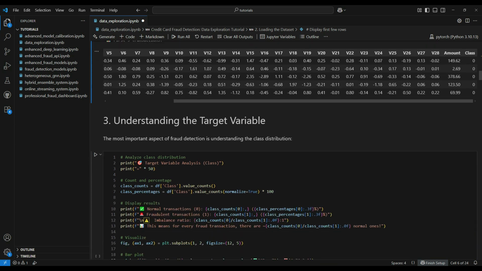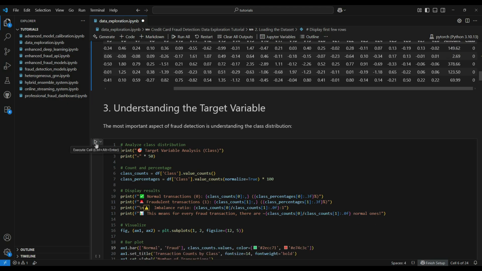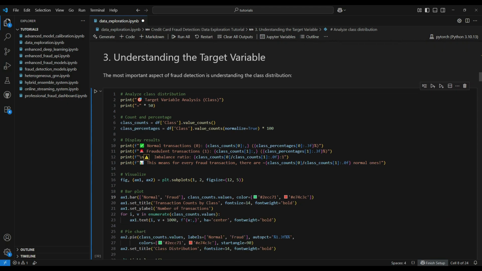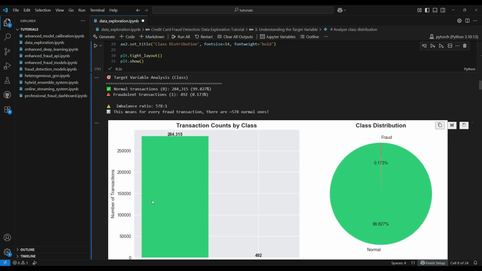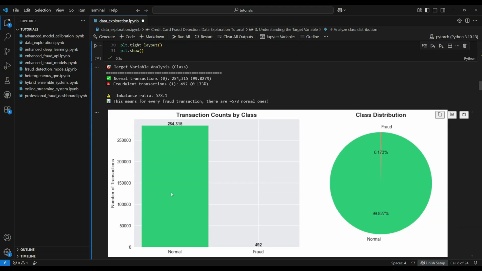Let's understand the target variable. I'm analyzing the class distribution, counting how many normal versus fraud transactions we have. Look at those numbers. Normal transactions, we have 284,315. That's about 99.82%.